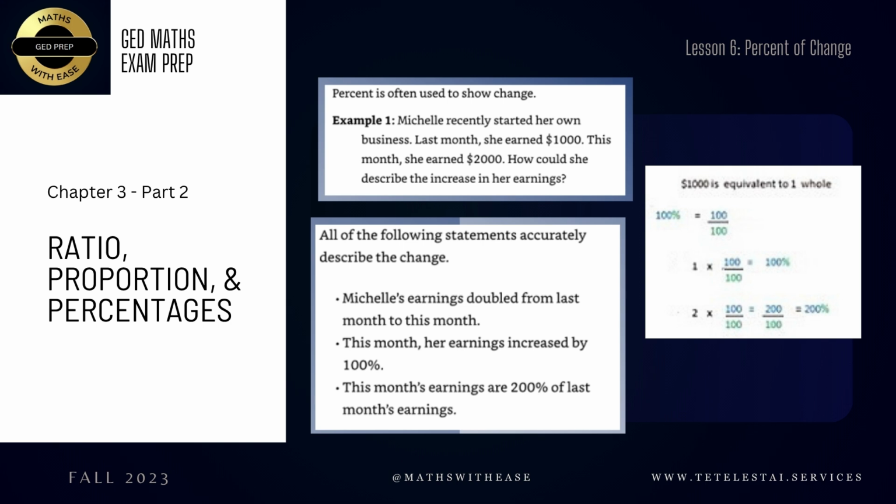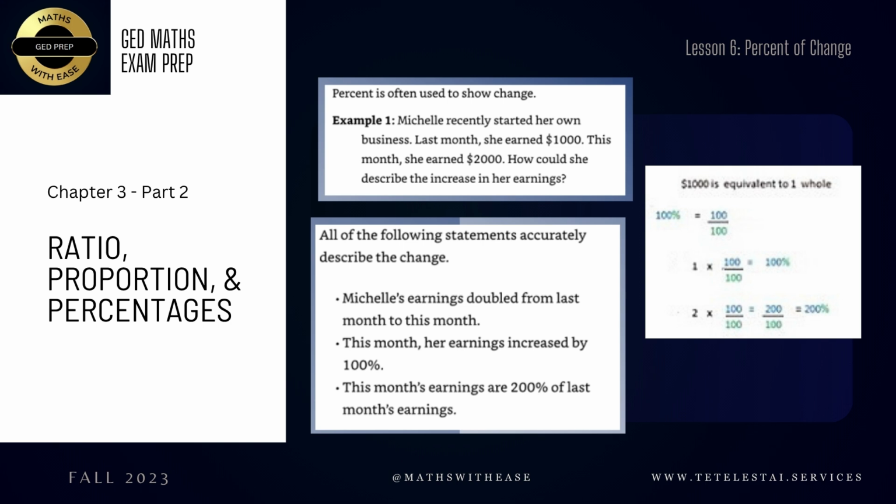As we discussed earlier, percent simply means over 100. We know that her income increased in its entirety. It wasn't a portion, like if it was 10%, we would see 10 over 100 here. But since her income increased in its entirety, her income increased by 100%. And that is what the statement is trying to let us know.